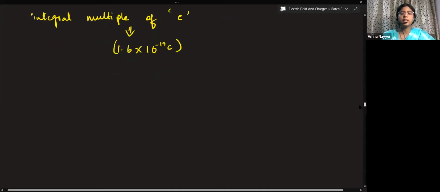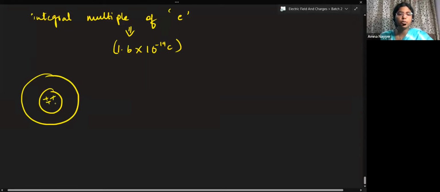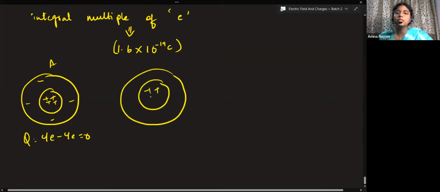If I tell you that I have a body with plus 4 unit charge, and negative charges are outside, the net charge becomes what? Plus 4e minus 4e, this becomes 0. The body is neutral. If, however, I have to add some charges to this body, what will I do?